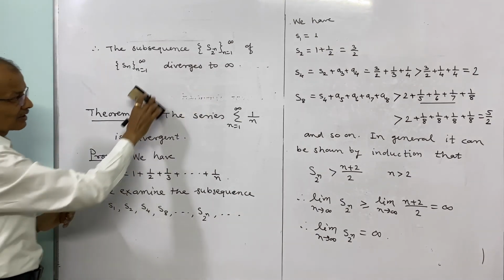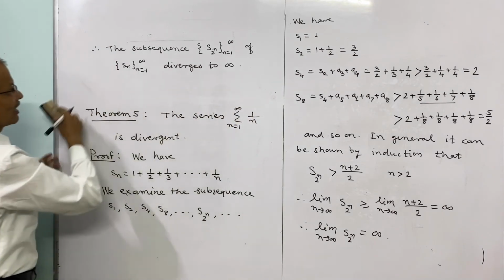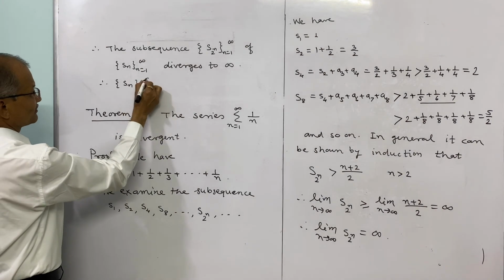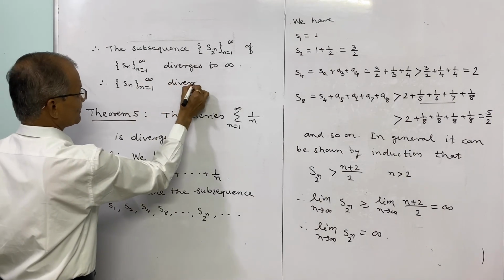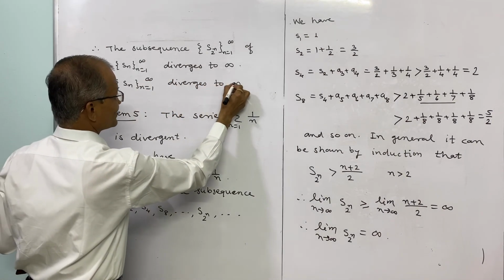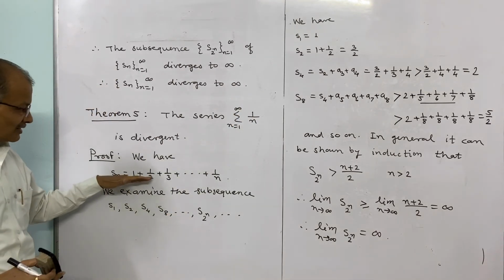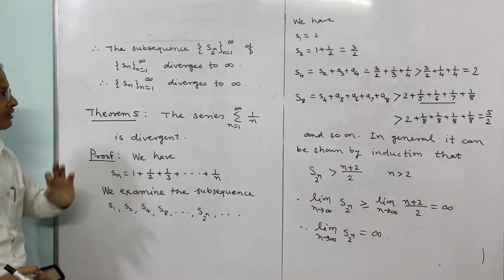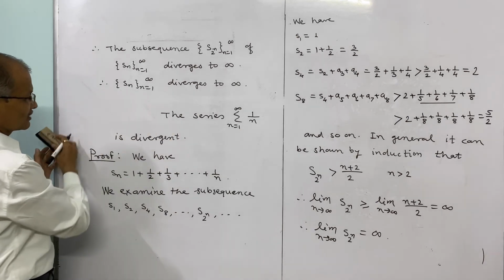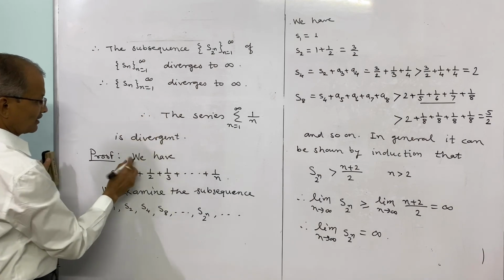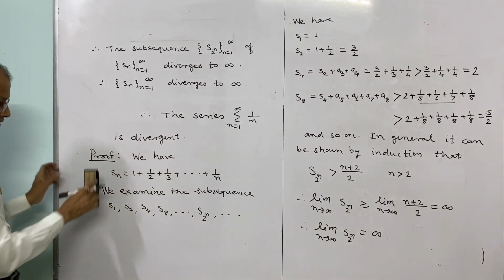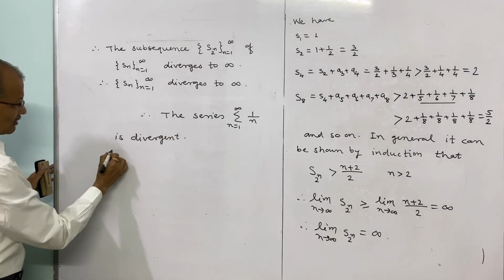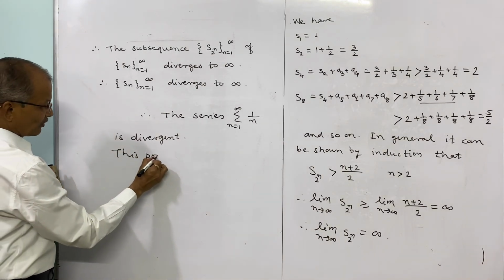This result we have studied in the chapter of sequences, and therefore Sn diverges to infinity. And Sn is the sequence of partial sums of this series, so this series must also diverge. Therefore the series is divergent, and this completes the proof of the theorem. So thus we have proved the theorem.